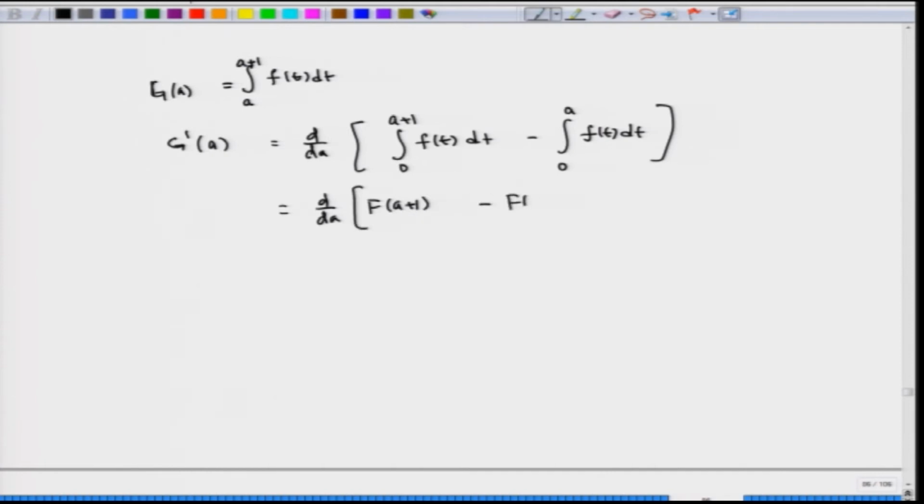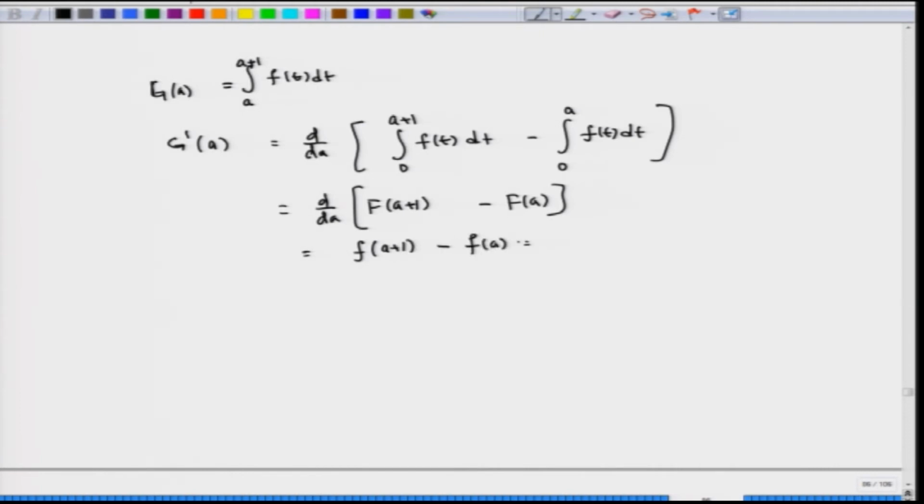This is d by da of F(a plus 1) minus F(a), where capital F is the antiderivative of f. So this is f(a plus 1) minus f(a).